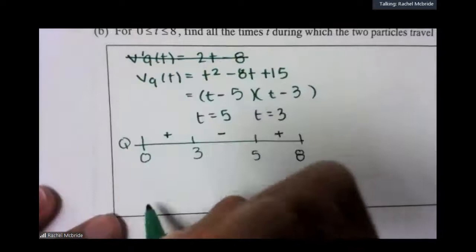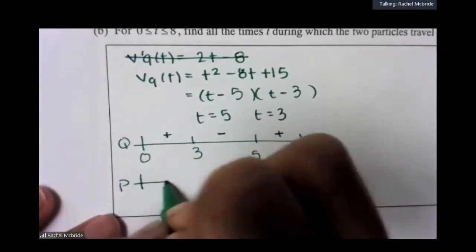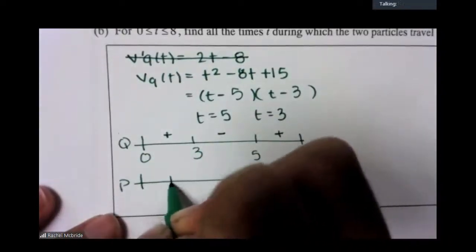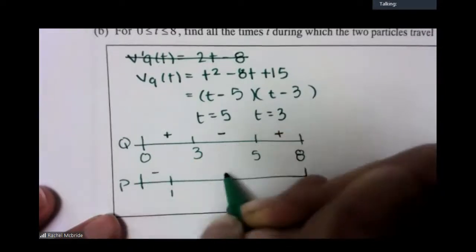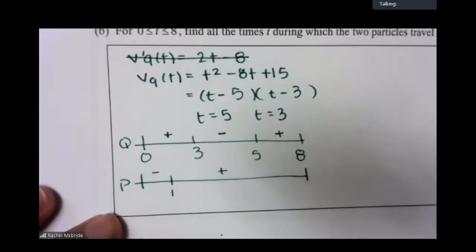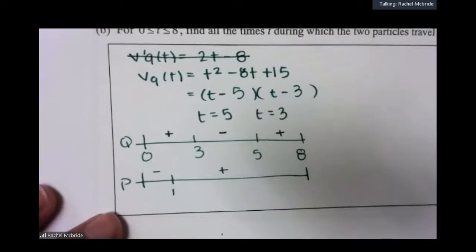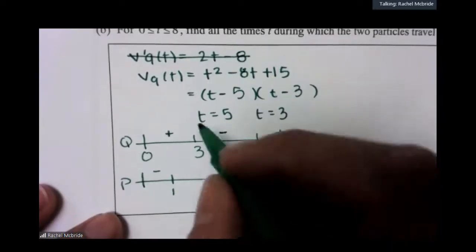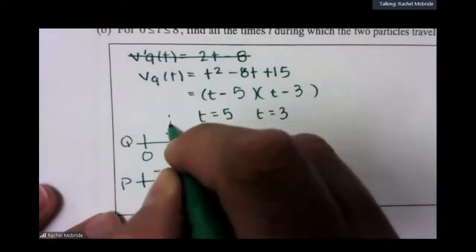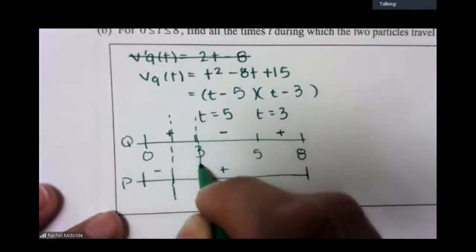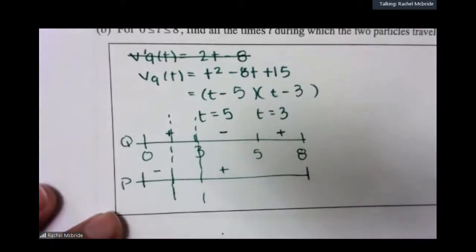So this is Q, here's P. So if we want to know when they're going in the same direction, I need to know when their signs are the same. So they have the same sign from 1 to 3.